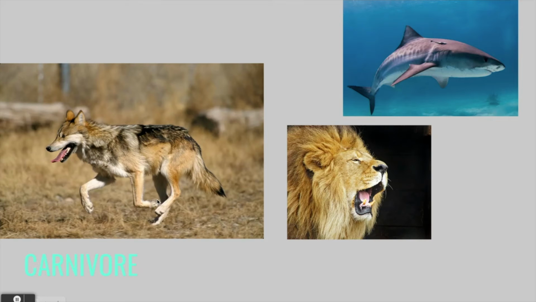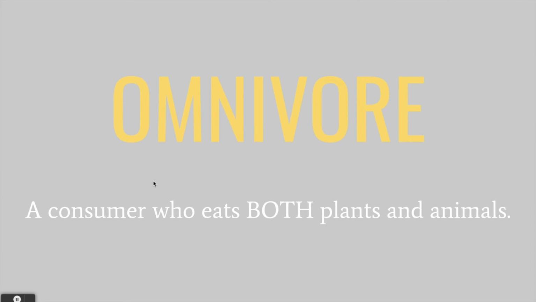Our last consumer is an omnivore. Omnivores are also consumers who eat both plants, like vegetables, trees, and grass, and animals. Omnivores are not picky eaters and they can get their energy from both types of organisms. Let's take a look at some omnivores now.